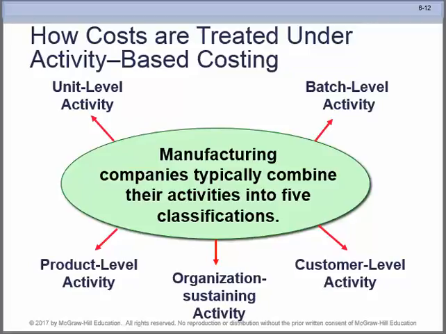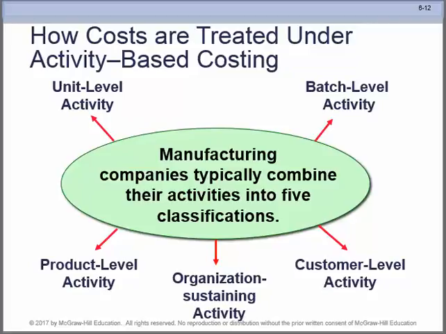You're going to look at the different unit level activities that have to happen. Batch level activities are performed every time a batch is handled or processed, no matter how many units are in the batch. So continuing with our invoicing idea, a batch level activity would be putting postage on all of the envelopes. It's a batch level activity.